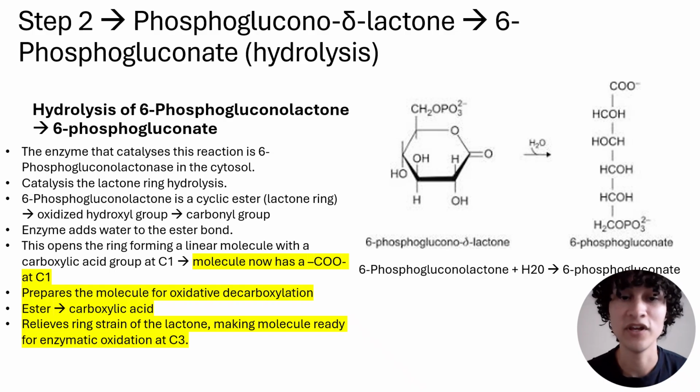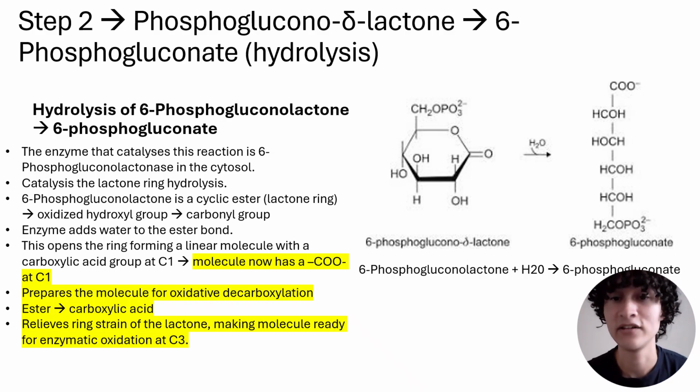Now, oxidative decarboxylation is really important in removing that carbon, because the whole concept of the pentose phosphate shunt is we're going from a 6-carbon or a hexose sugar to a 5-carbon pentose sugar, and the way to remove that carbon is through oxidative decarboxylation. But in order to prime our intermediate for that process, we need to add that carboxylic acid group, and in order to do that we need a hydrolysis reaction.